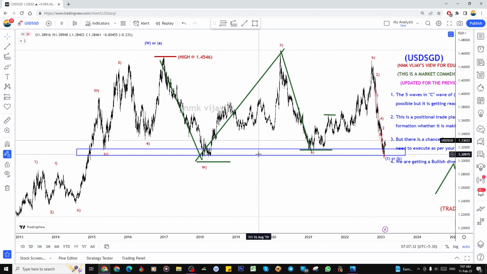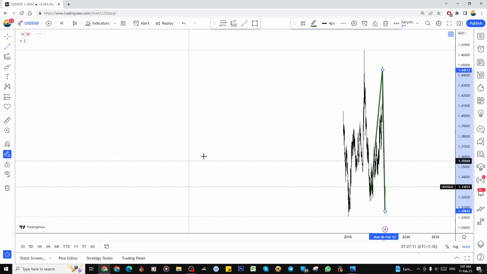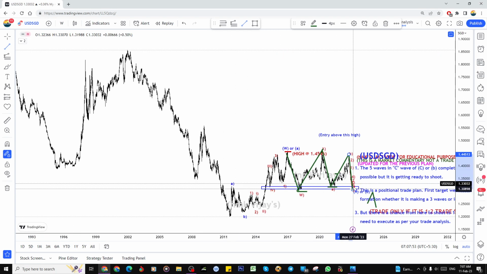This is the WXABC. One bigger 3-wave structure has been completed here. This is a 3-wave structure, this is a 3-wave structure, and this is another 3-wave structure that has been completed. That means there is a chance, sorry, from here to shoot up.